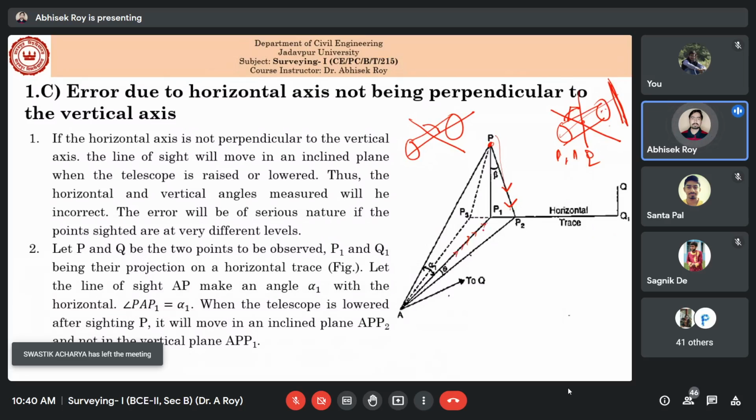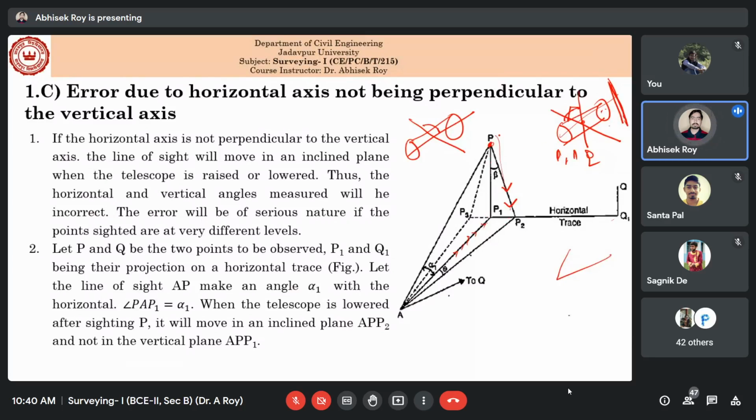Basically, this line on the back side you are making 0 and you are opening your vertical screw so that your vertical scale will move, and ultimately you want to bisect this AQ so that this angle P1 AQ1 will be measured.